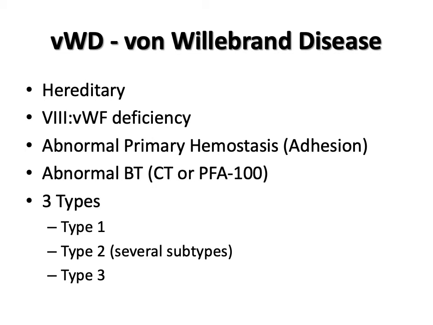Type 2N is a mutation of the von Willebrand factor binding site to factor VIII. This results in a decreased binding to factor VIII, which is then rapidly cleared by the liver. This type of von Willebrand disease also goes by the name autosomal hemophilia. Finally, type 3 is the absence of von Willebrand factor. This is the homozygous form of type 1.